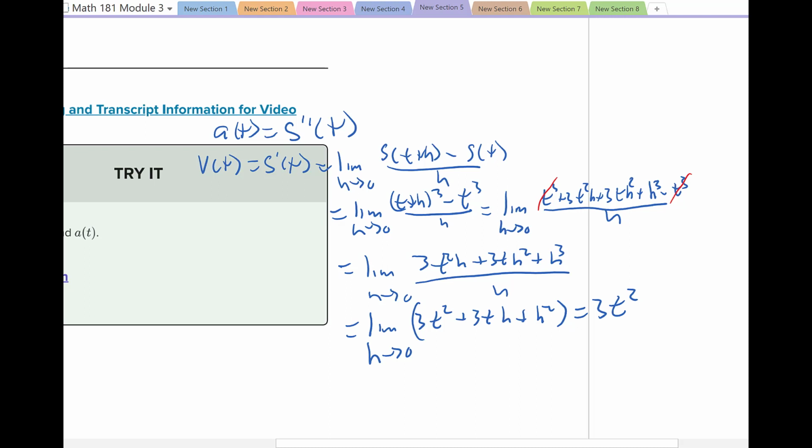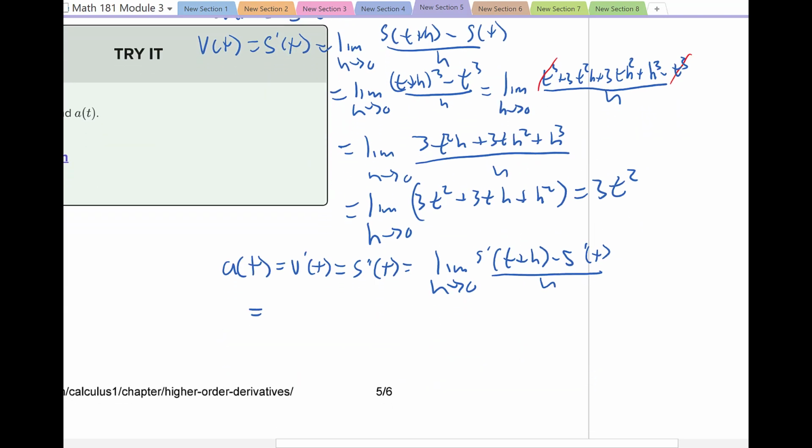So our acceleration is our velocity derivative, which is the second derivative of the position function. So that's going to be the limit as h goes to 0 of, should I just say, s prime of t plus h minus s prime of t all over h. Gosh, I'm so used to using f.